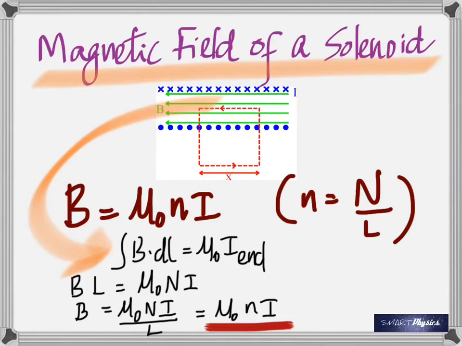Is this clockwise or counterclockwise? That's counterclockwise. So if the current appears to be clockwise, that end becomes the south pole. If the current appears to be counterclockwise, that end appears to be the north pole. That's how you find out.